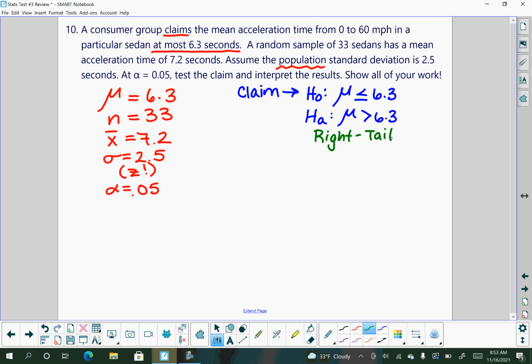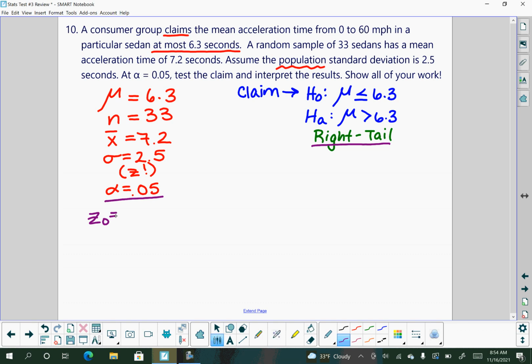Okay, so let's see what else we've got here. Our level of significance is 0.05. So if you take a look at your standard normal distribution at the alpha values that we wrote in, and these will be written in on the chart that you get on the test day, you're going to look for the alpha of 0.05, and you're going to look for a right tail test, and you're going to get that critical value of z. And again, we're doing this on the z chart because we know the population standard deviation.